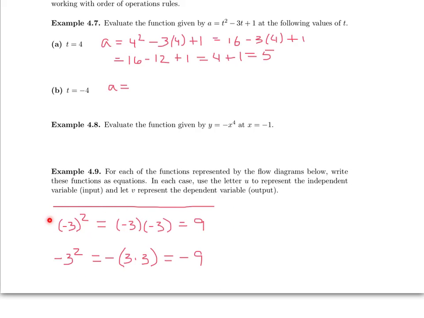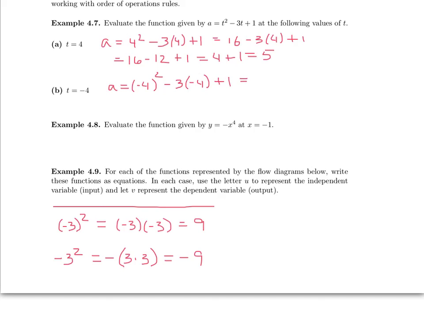Whenever you square a negative number, you have to put the negative number in parentheses. So here we write this as negative 4 in parentheses squared, and this will remind us that it's negative 4 that we're squaring. Minus 3 times t, but t is negative 4, and then we add 1.